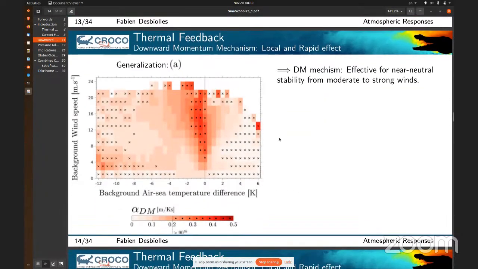And here I show you this generalization, here in color: the darker, the more important the coupling coefficient. And what we see, if there is a cross, that means it is not statistically significant, so we cannot hypothesize a linear relationship.